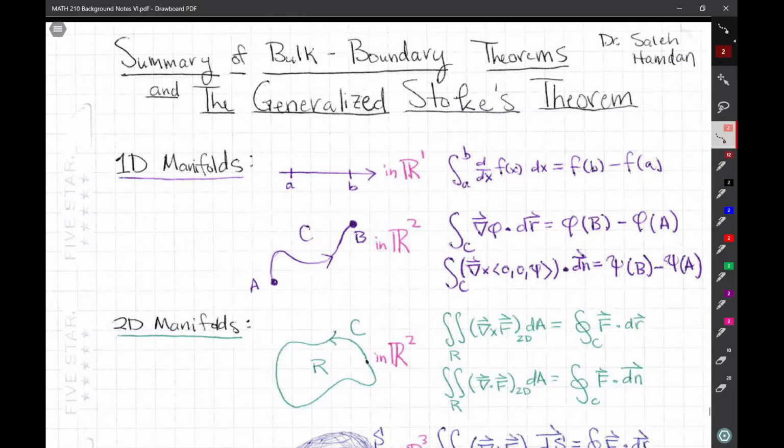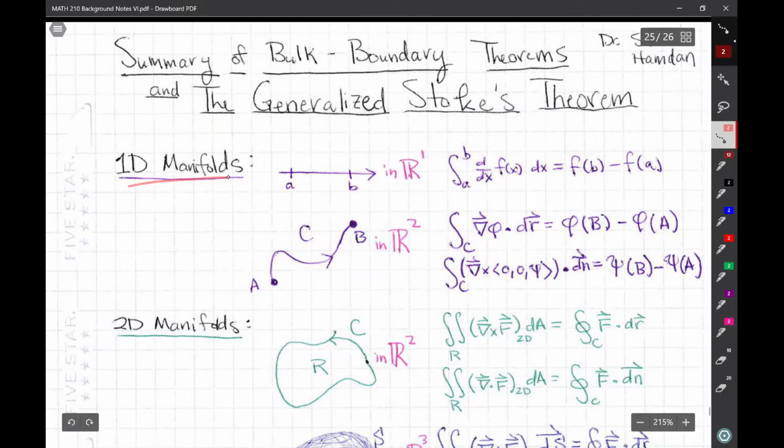Some people tell us that the universe itself is a 4D manifold, with 3 spatial dimensions and 1 temporal dimension. Or you could go down in dimensions. A 1D manifold is a curve. A 0D manifold is a point.